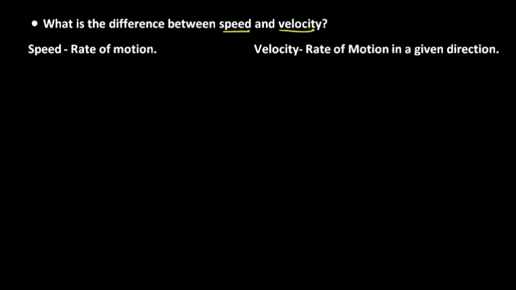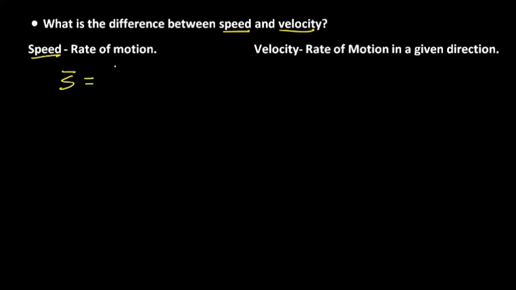So let's first of all take a look at a couple of very simple definitions. The definition for speed is simply rate of motion, and the equation that's used to calculate speed really illustrates that. The equation that's used to calculate speed, specifically average speed, and that's an S with a line over it, average speed is equal to the rate of motion.